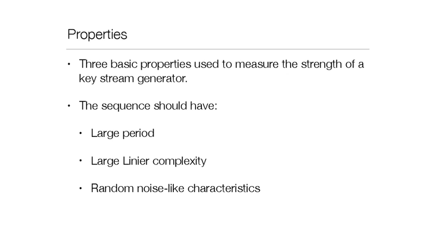Another thing is that the random noise-like characteristic should be there when the key stream is generated. It should be close to a random stream. That's the idea. We haven't discussed that yet, so today I'm going to discuss that part.